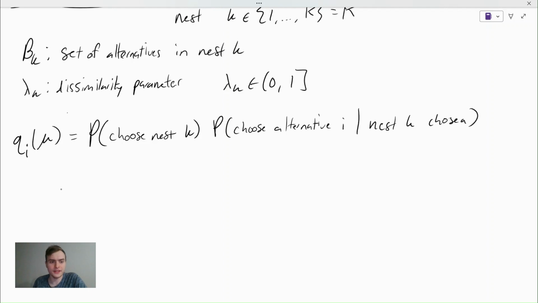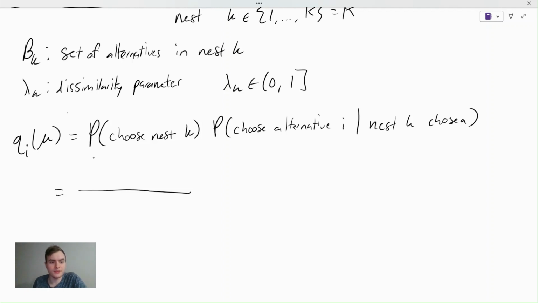And so our first one is the probability of choosing nest K. So in the denominator, we'll have the exponentiated weights of all the nests, and then in the numerator, we'll have our nest K specifically, right?